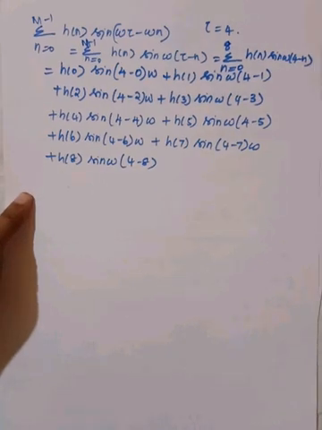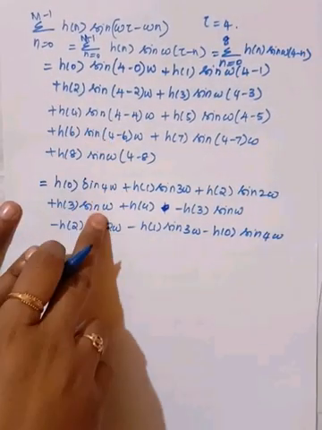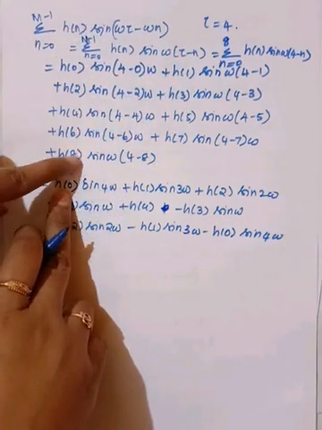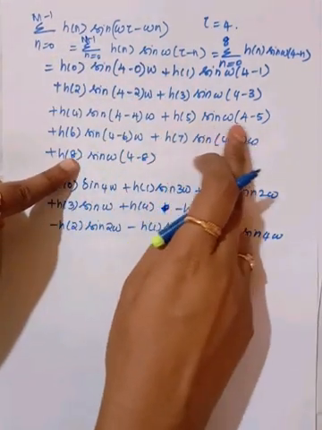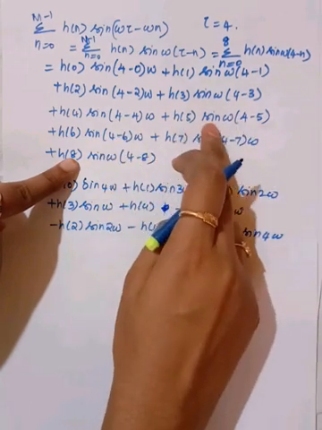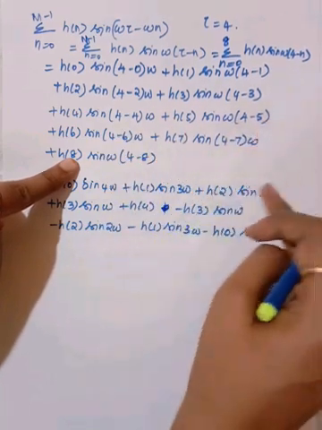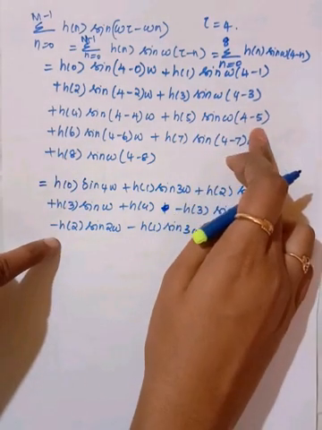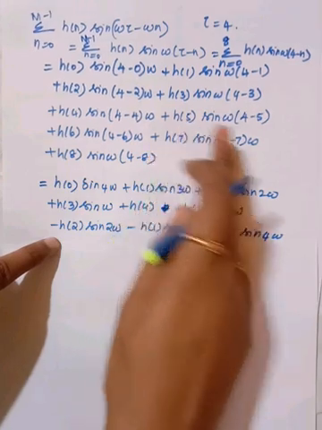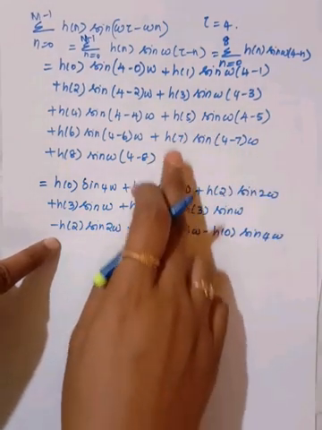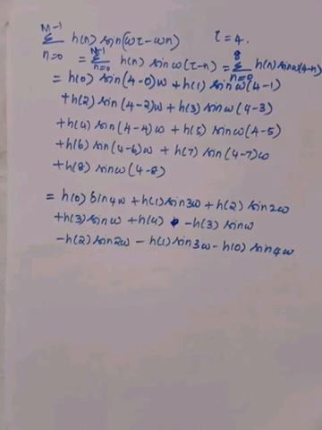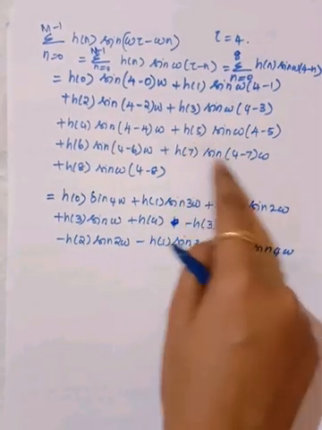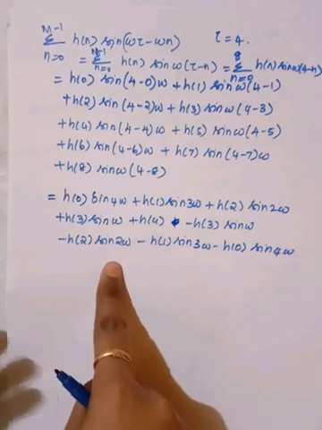Simplifying, I get h of 0 sine 4 omega. Similarly, I am simplifying all the values. Here you will get sine of minus omega, and sine of minus theta is minus sine theta. Also h of 5 is equal to h of 3. Substituting all these symmetric conditions and simplifying, I am getting this equation.